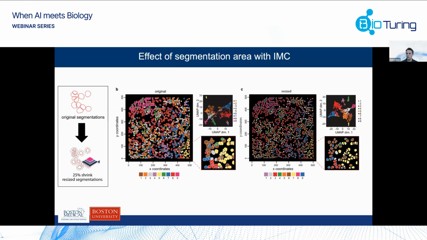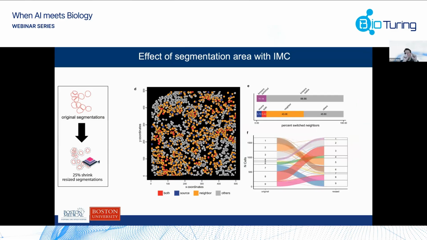But then we thought, what do people usually do with this type of data if they have clinical annotation data? They actually work at the niche level, where they have individual source cells, build their neighboring cells, consider these as niches, and see which niches are overrepresented and associated with clinical outcomes. So we looked at these niches and asked how many cells change their identity and how that affects the niche analysis, which is all of a sudden a lot more, because it can be the source cell or any of the neighboring cells.